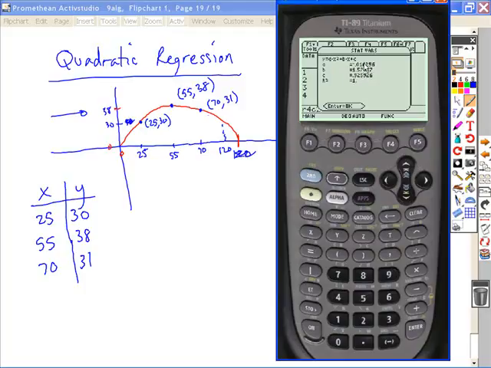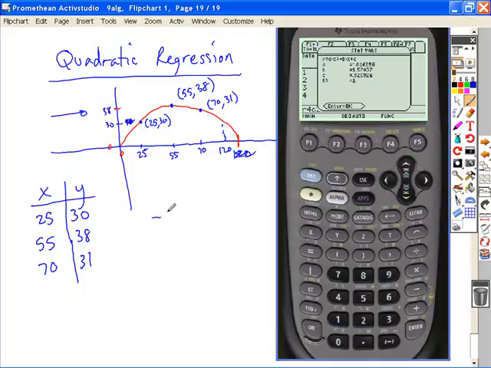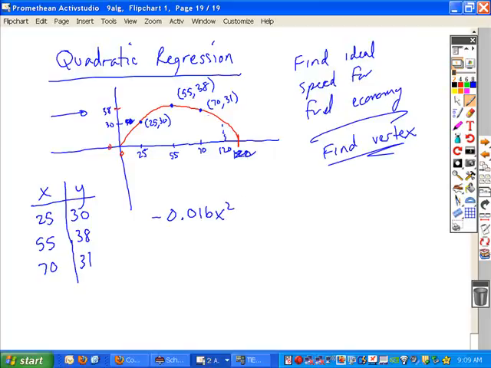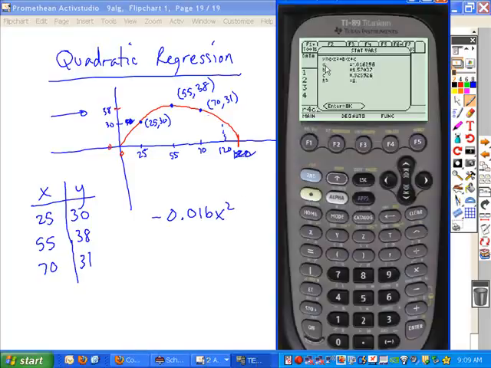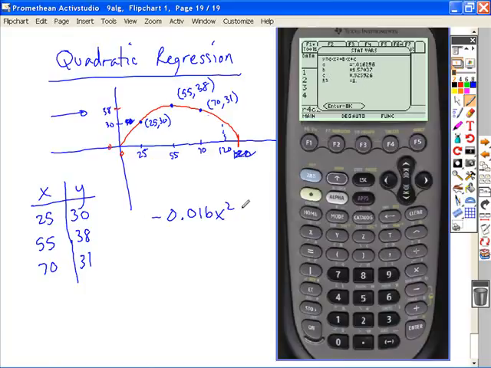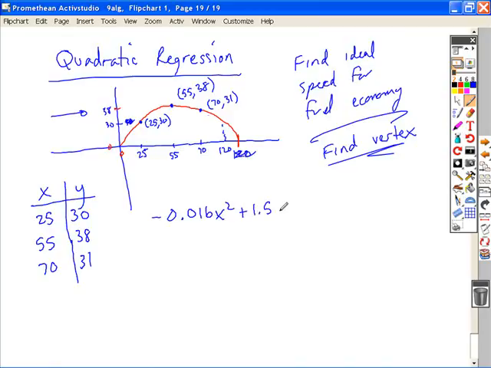Yeah, so you have negative 0.016. So negative 0.016 x squared. That's our first term, or our first coefficient, our a value. Our b value is 1.57. So we can say plus 1.57x.